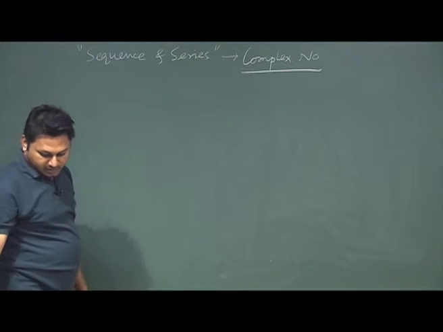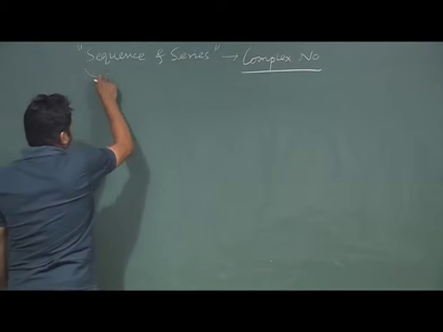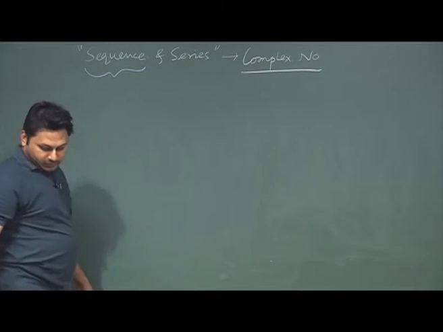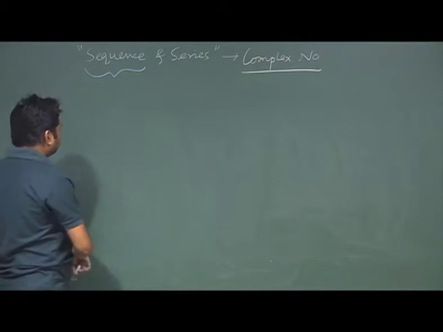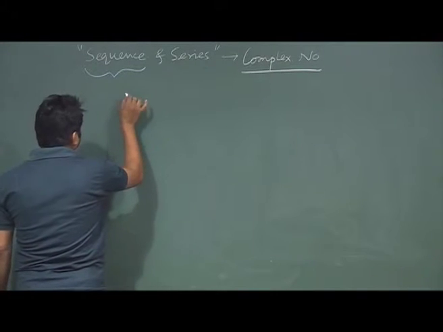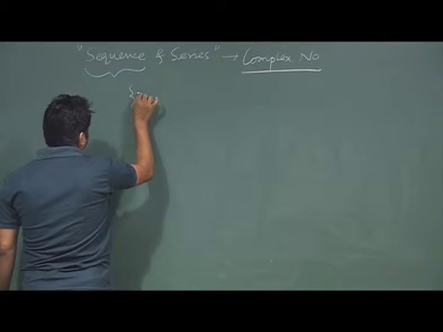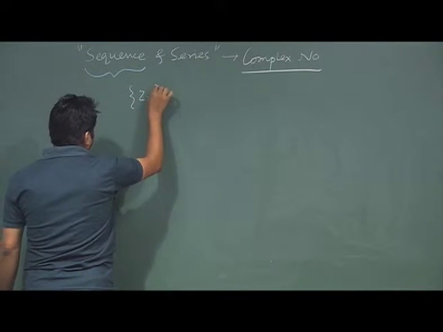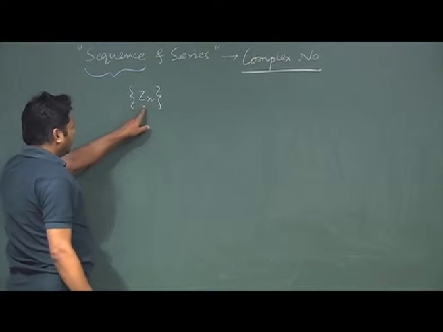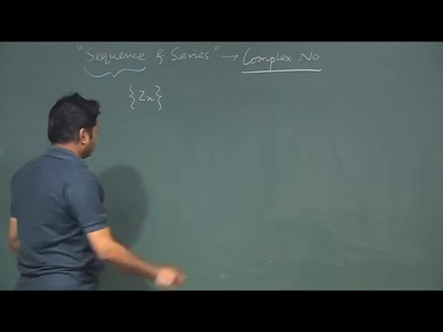What is the meaning of a sequence in complex numbers? A sequence is something, say I represent it as z to the power n, defined like this. What is the meaning?